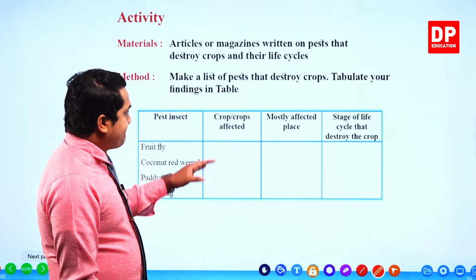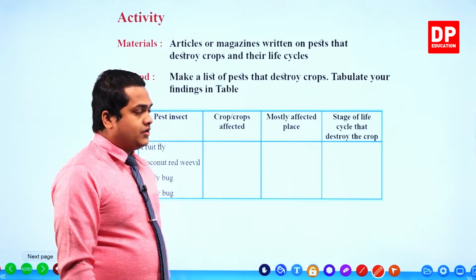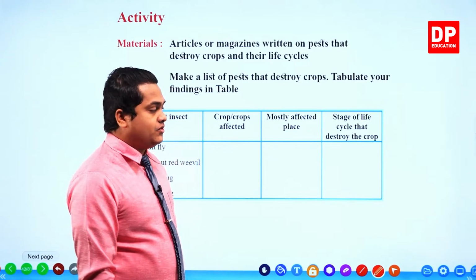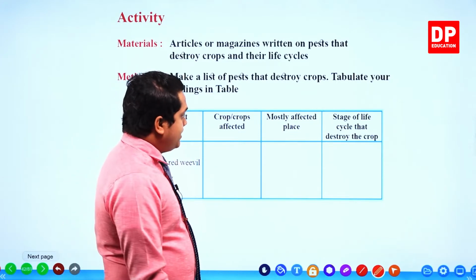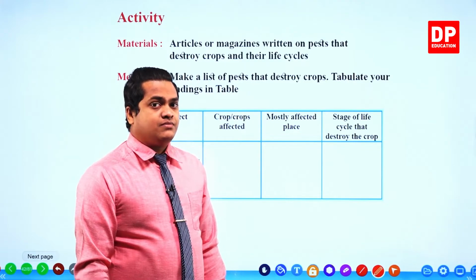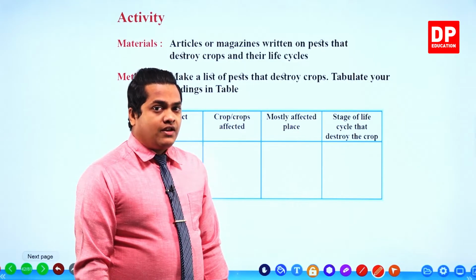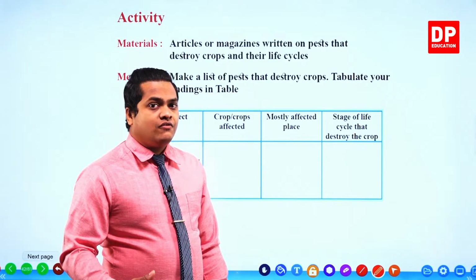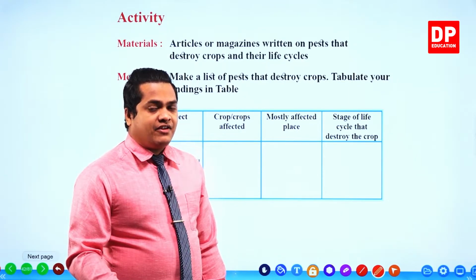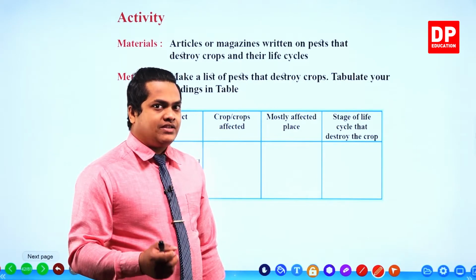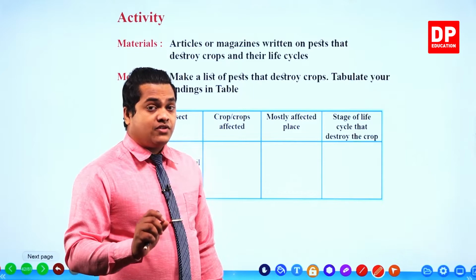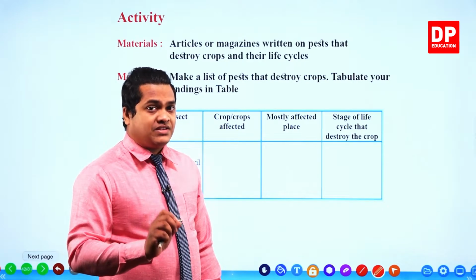Then the crops which are affected by these organisms or pests. Then the mostly affected place: which part of the crop is most affected? The fruit fly is going to affect the fruit. The paddy bug is affecting the paddy seed. In the same way, you have to find out which part of the plant is mostly affected by the pest.